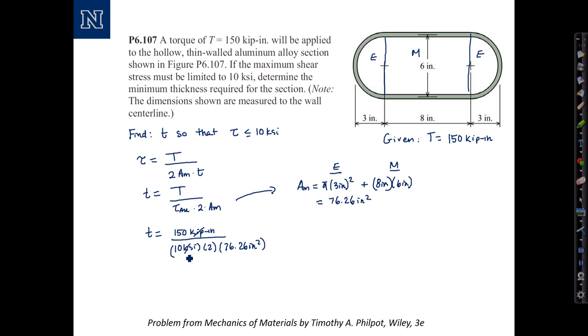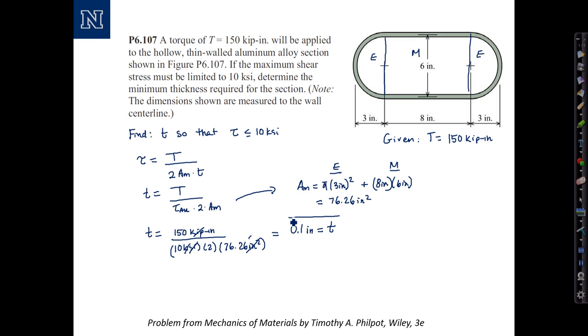Our kips cancel out. We have inches per square inches on the bottom, which comes up to the top, so we have inches cubed on the top and inches squared on the bottom. Actually, these two cancel out, and so we're left with units of inches, and this computes to about 0.1 inches.